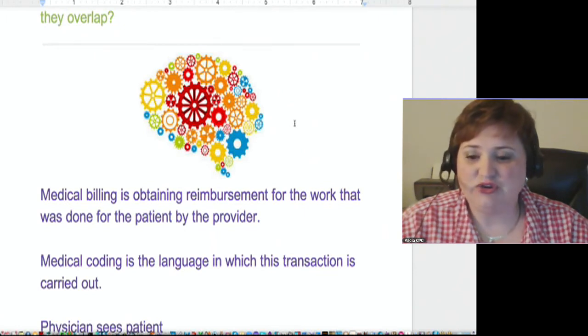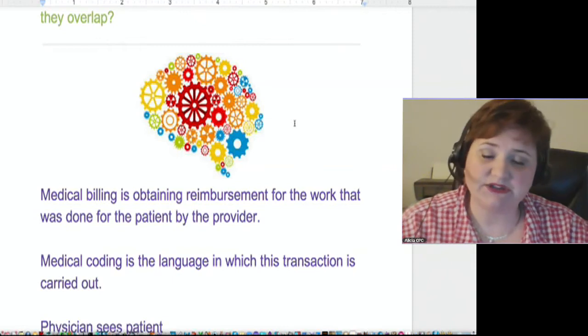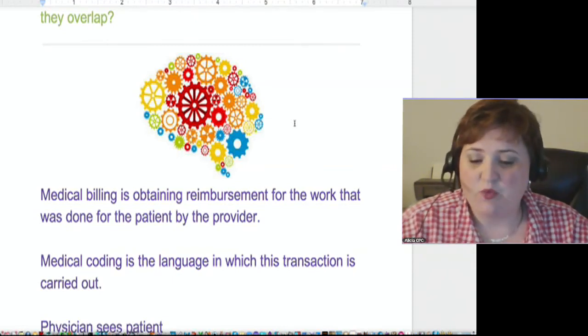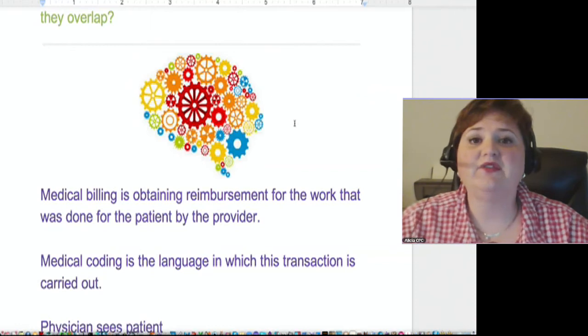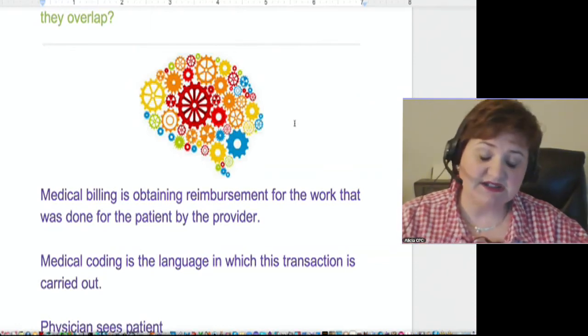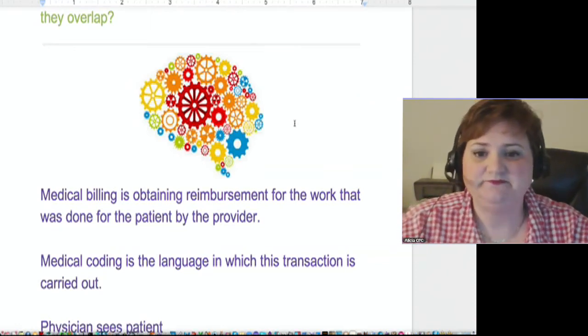And that usually is the E&M, the evaluation and the management of the patient, whether they did any procedures on the patient or not. He's evaluating and he's managing the care of the patient. Maybe it's the disease process of the patient.